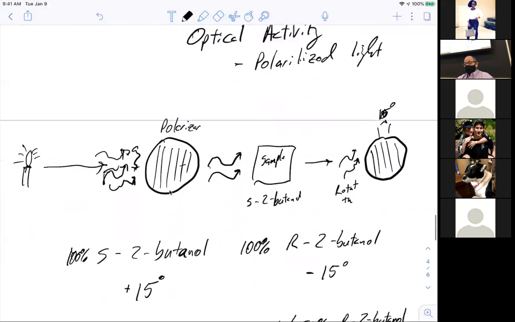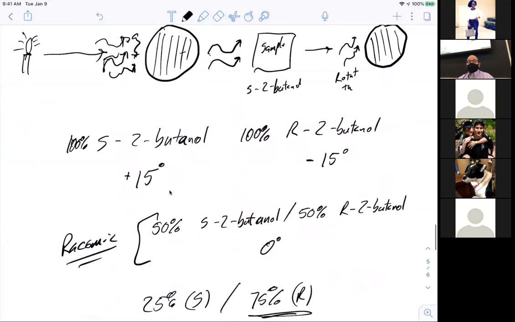You should be able to understand that a racemic mixture has zero. Whenever you get a racemic mixture, that means you have zero optical activity, even though the mixture has optically active molecules in there, it has a 50-50 mixture of those optically active molecules.